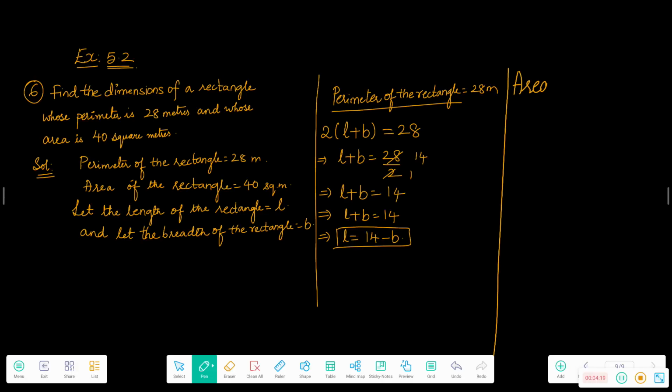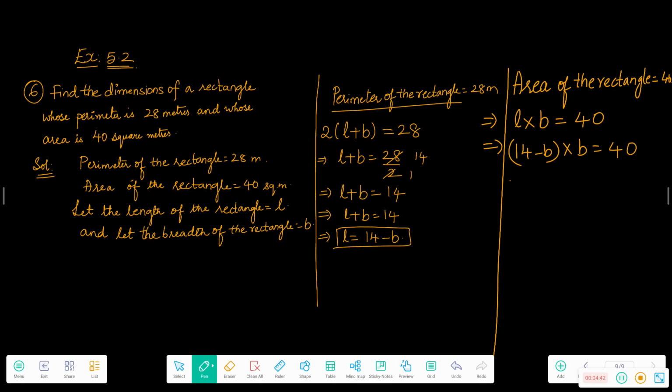Given the area of the rectangle is 40 square meters. So area is length into breadth, which is equal to 40. L value is 14 minus B, times B, is equal to 40.